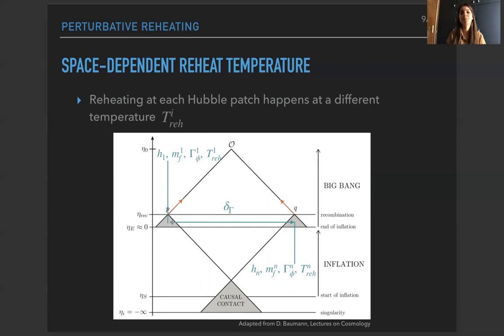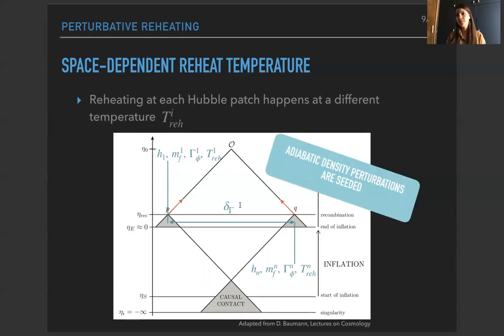Since you have a variation between different patches, you see adiabatic density perturbations. But these adiabatic density perturbations are additional to any adiabatic density perturbations seeded by inflaton quantum fluctuations that I was talking about in the beginning.